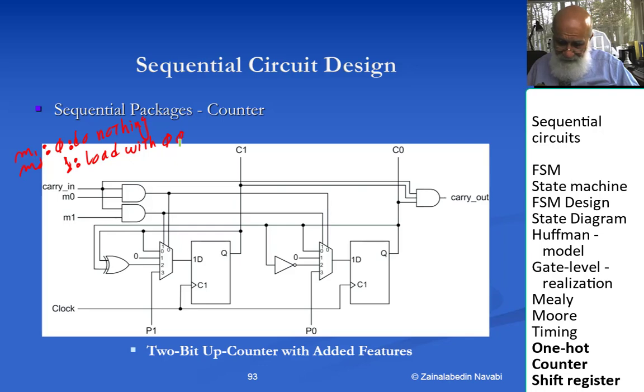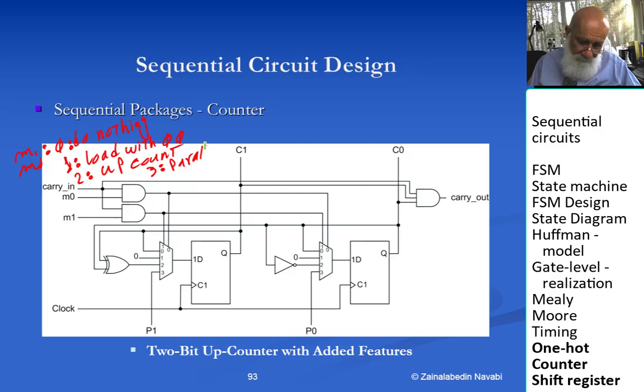If it is a 2, up count, and if it is a 3, parallel load, meaning put P1, P0 into the counter.